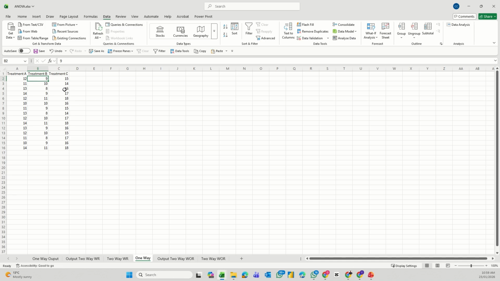If it is significant, then we can go further to know which of these treatments have a greater effect. Then we can put in other tests. That's what analysis of variance does.